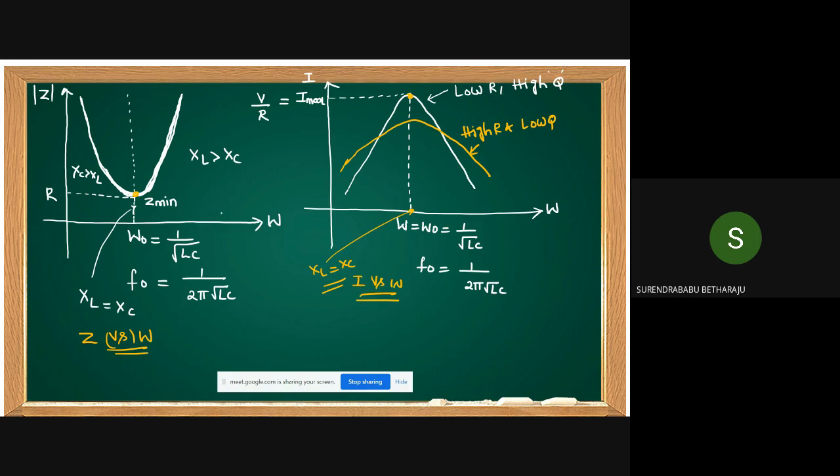Now I want to draw how these reactances change with respect to frequency. I have drawn the Z versus omega curve and the I versus omega curve. Similarly, see the X versus omega curve. This is also important for competitive exams.